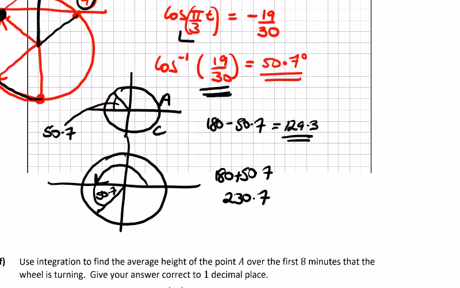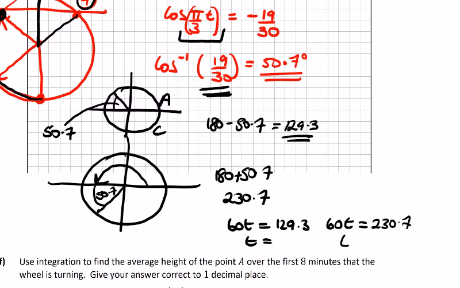So if we take it from up here, this pi over 3 is 60. So we can say 60t. Initially, the first time will be at 129.3 degrees, and the second time will be at 230.7 degrees. So our two answers will be 3.845 for this one.